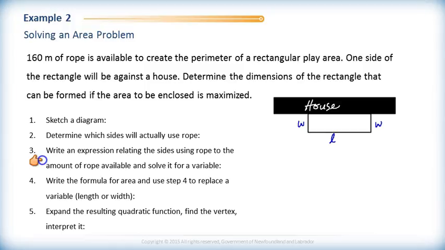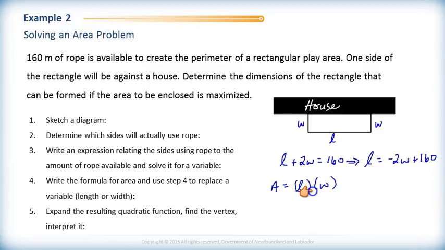Step 3, write an expression relating the sides using rope to the amount of rope available and solve it for a variable. So my length plus my 2 widths are equal to the amount of rope available. I solve that for a variable, usually the easier one. I'll choose L in this case, like so.